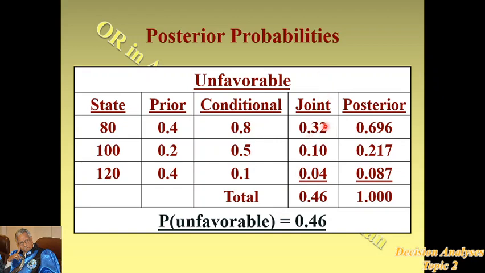Dividing the joint probabilities of conditional and prior: 0.32 by 0.46, the result is 0.696; 0.10 divided by 0.46, the result is 0.217; 0.04 by 0.46, the result is 0.087. These are the posterior probabilities of unfavorable.